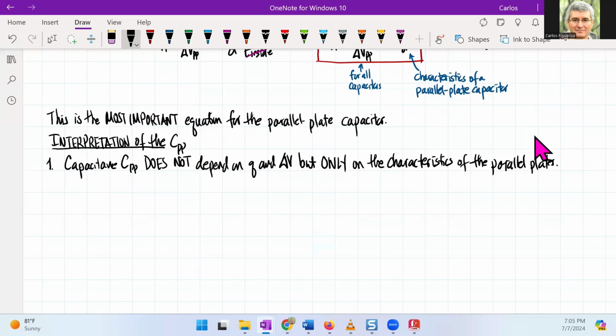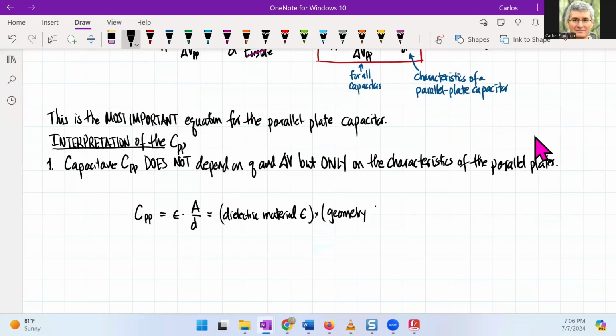Right, so when you look at this in detail, it reads like this. It says the capacitance is going to equal the dielectric material times the area divided by the distance. In other words, this is about the dielectric material, which we identify as epsilon, times the geometry of the capacitor.